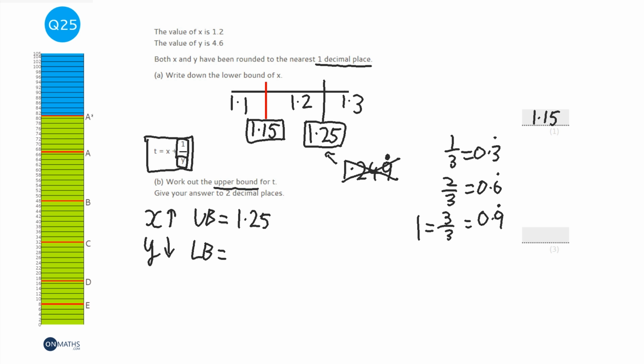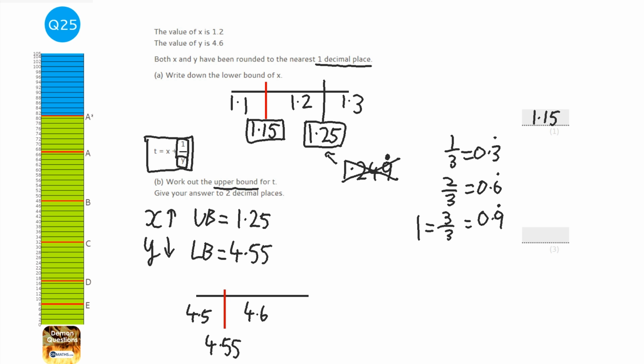So we need to do a little number line to get the lower bound of y. So it's 4.6. The next one down would be 4.5. So the cutoff point is going to be halfway, which is 4.55. So that's going to be our lower bound, 4.55. So to find the upper bound of t, we need to do 1.25 plus 1 over 4.55.